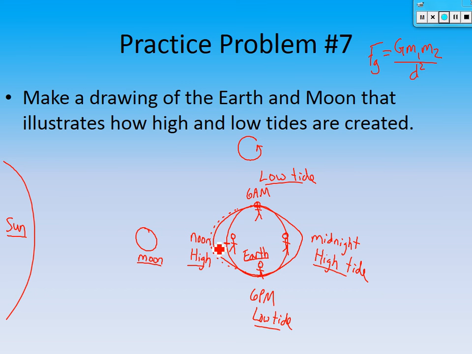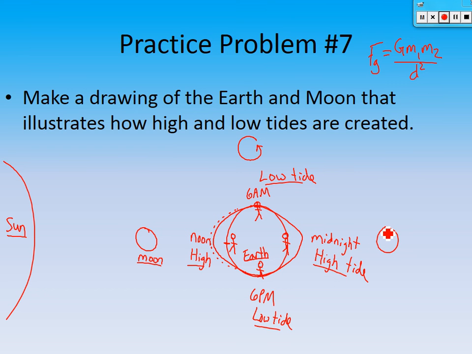Okay, and that's where you're going to experience those extra high tides called spring tides. So when you're experiencing a new moon, like this person would experience a new moon right here, you see a spring tide. And also a full moon, you would experience extra high tides called spring tides.